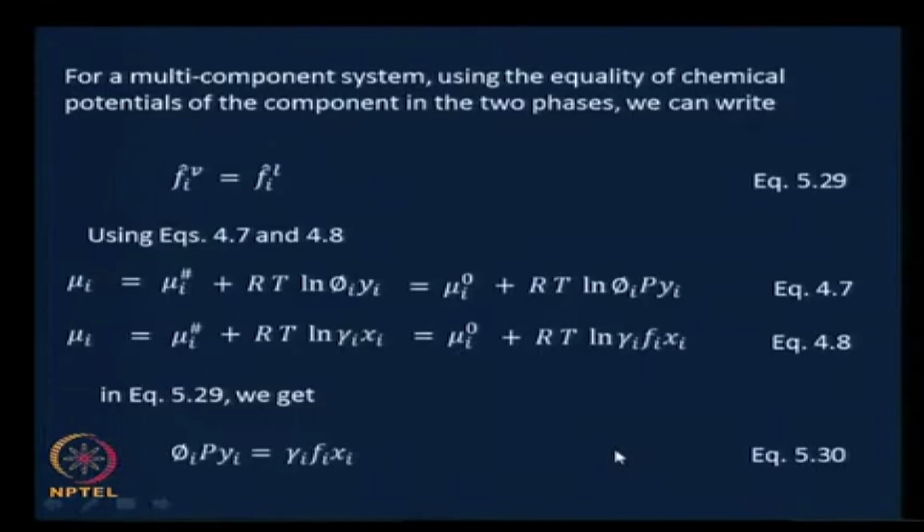This equation 5.30 is the condition for equilibrium of a species I, you can write this for a species I at vapor liquid equilibrium conditions. So hopefully you would have gotten at this, if not, this is the kind of expression that we were looking for.